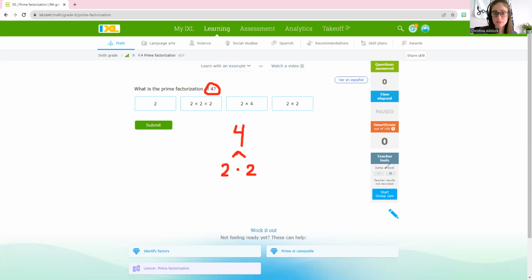So we have mostly completed our prime factorization because when we deal with primes, it is simply the numbers that are left over. We're breaking it down simply into its primes. Therefore, our prime factorization would be 2 times 2.